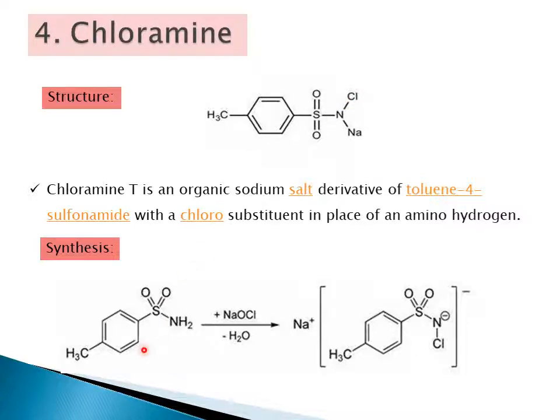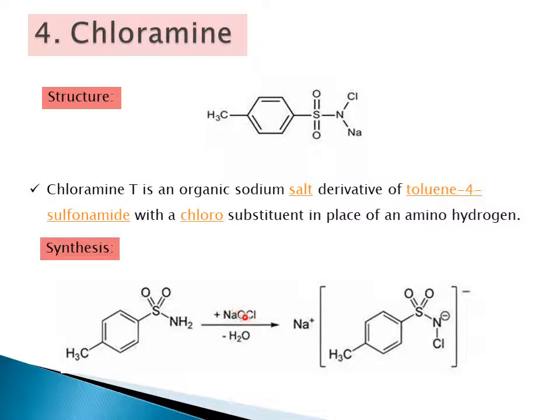So coming to the synthesis, the starting material is toluene sulfonamide, benzene with methyl, toluene, and this one is sulfonamide. So what we are doing here is just replacing the hydrogens with chlorine and Na. So simply treat with sodium hypochlorite, NaOCl. What happens?